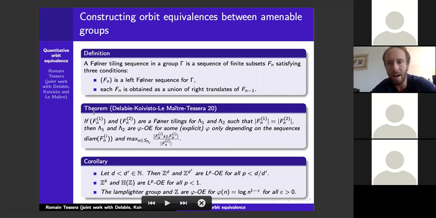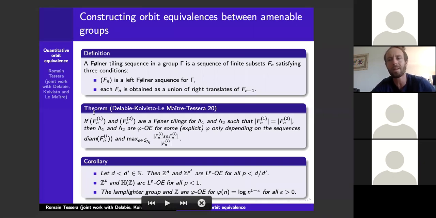And the actions that we are constructing are not going to be exotic actions. They are what's called profinite actions. So they are actions which are reasonably well understood. So my point is to say that, of course, in the Ornstein-Weiss theorem, there is an existence result that tells you that when you have two groups which are amenable, you can find an orbit equivalence between them.